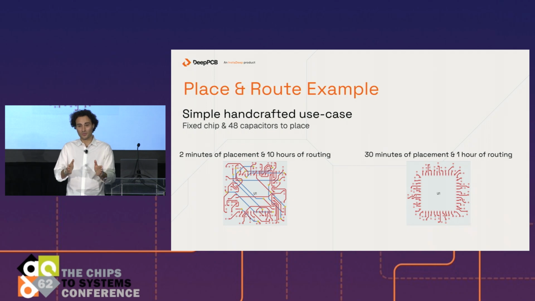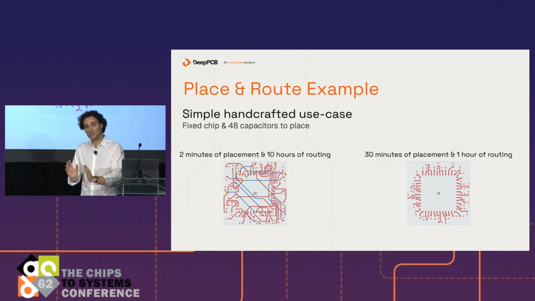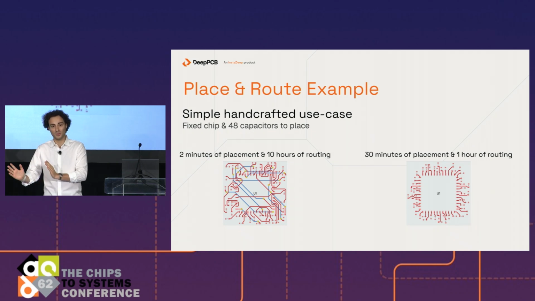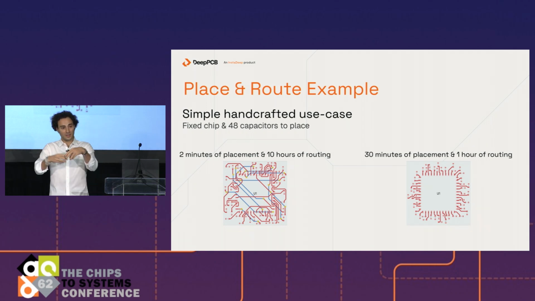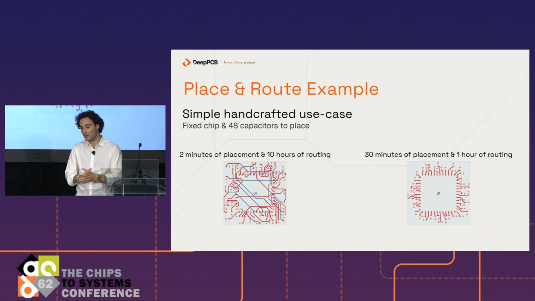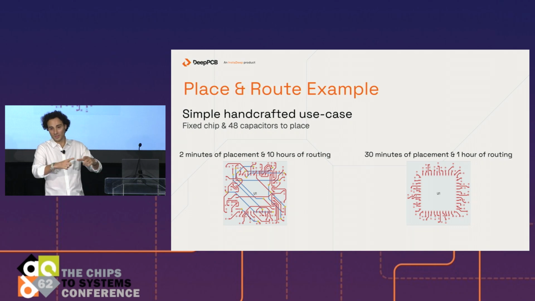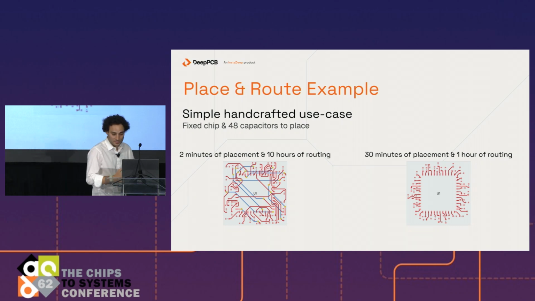So 10 hours of routing, 2 hours of placement. But then, if you take a bit more time to let the placement actually do its job for like 30 minutes, then after an hour of routing, it's able to do a pretty nice routing that is going to make, of course, the overall board well designed and probably more efficient.